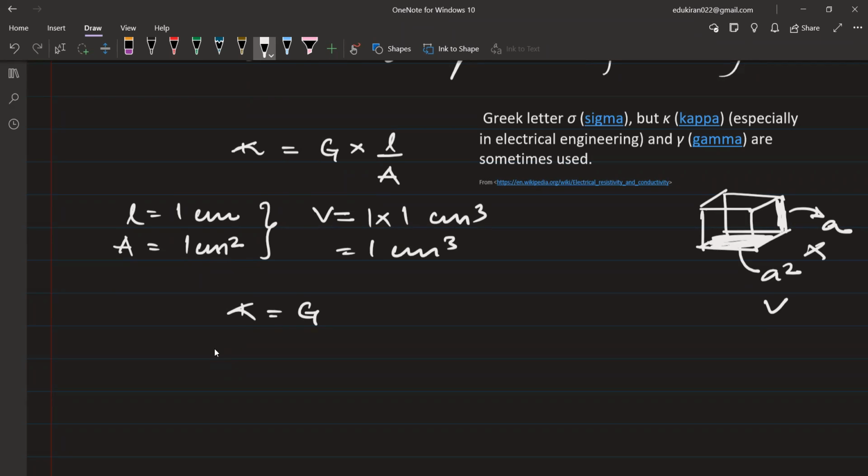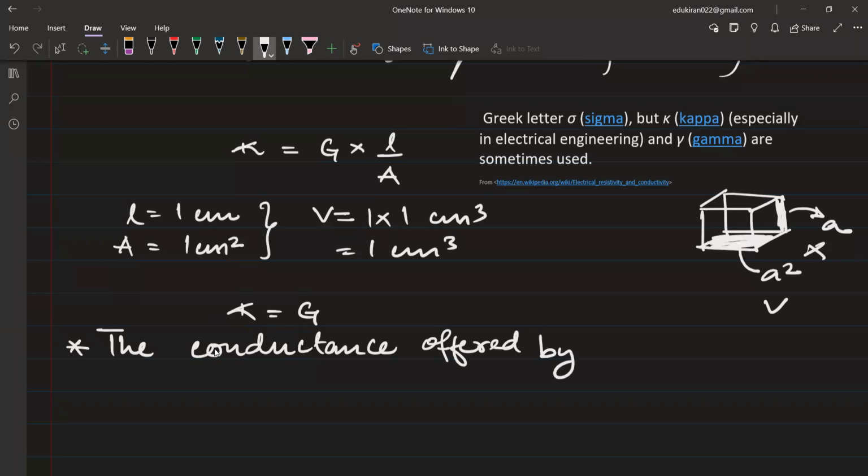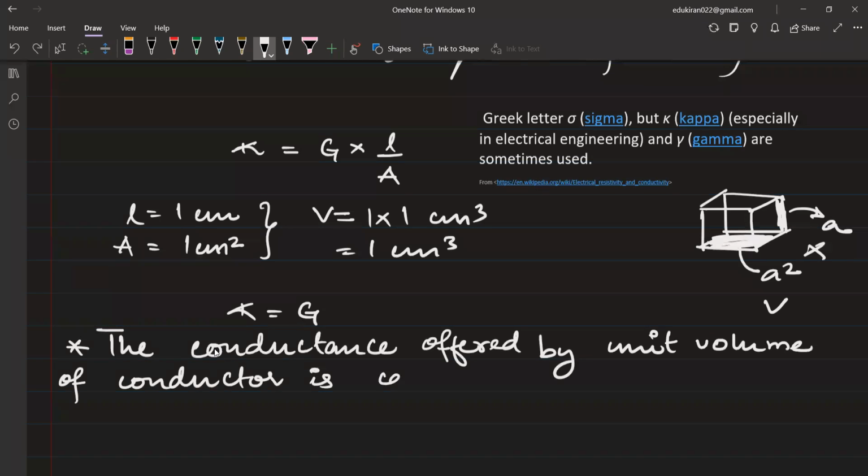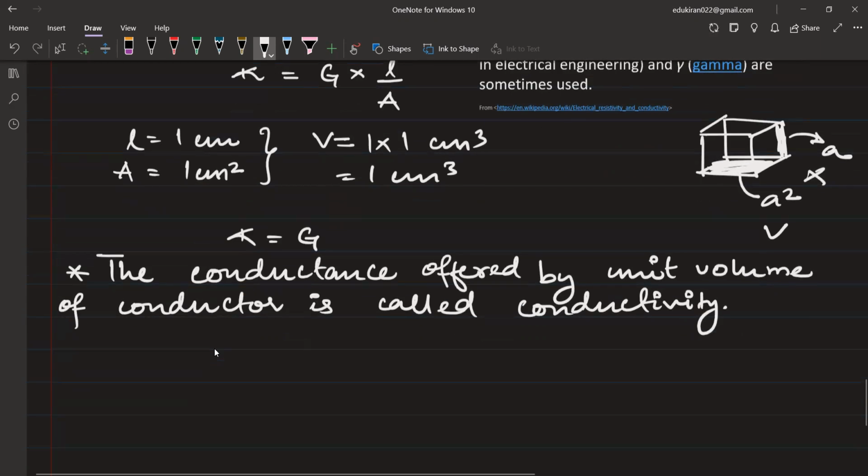Okay, so please write: the conductance offered by unit volume of conductor is called conductivity.